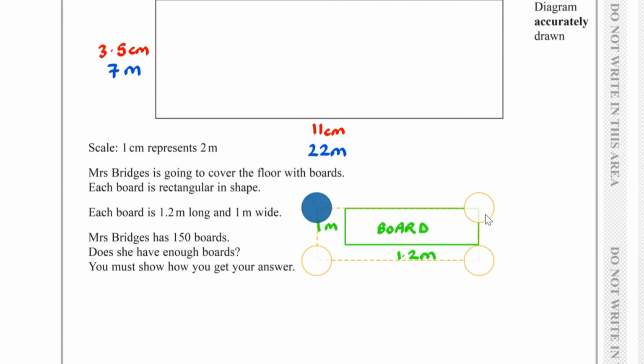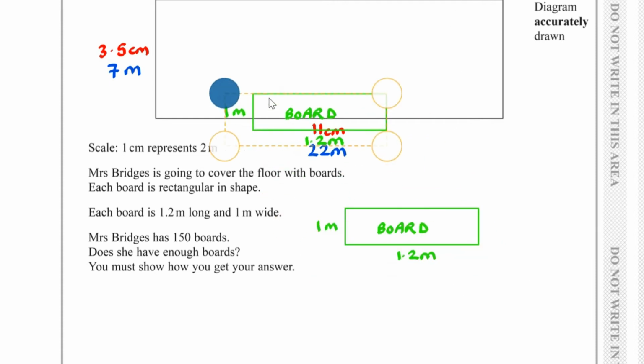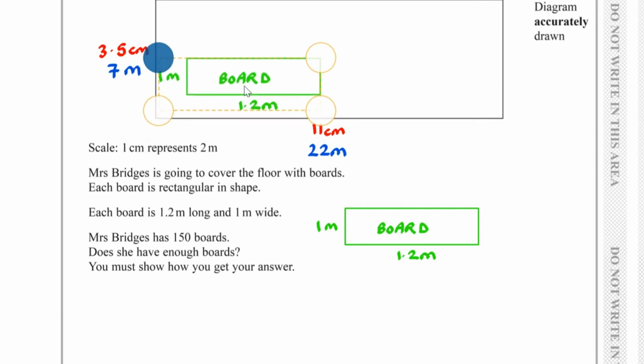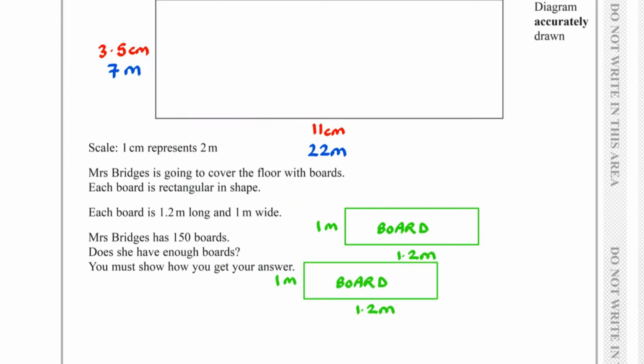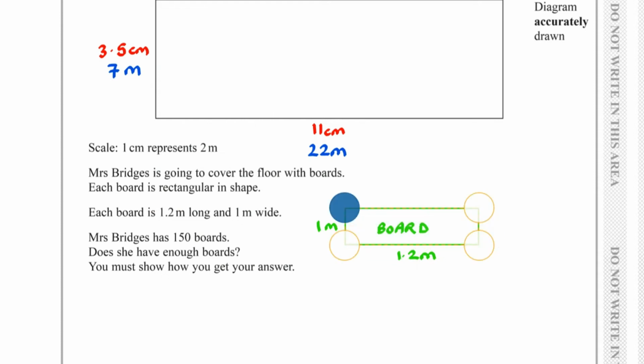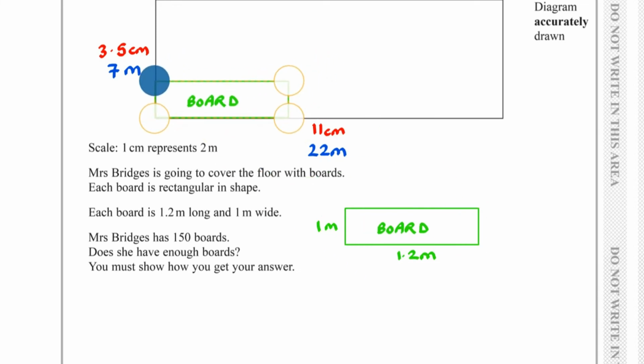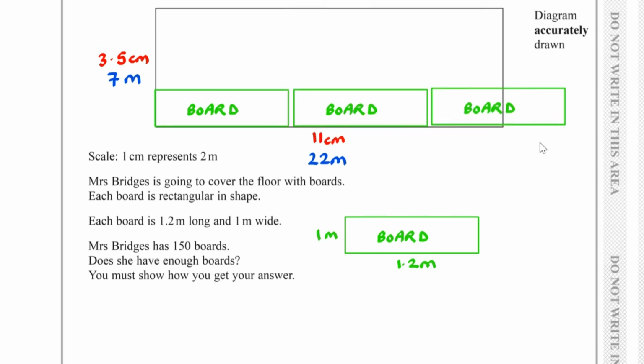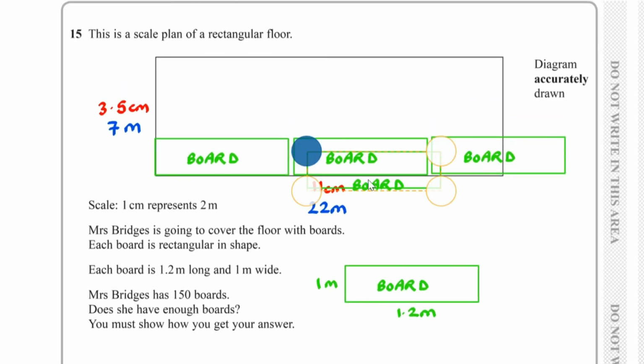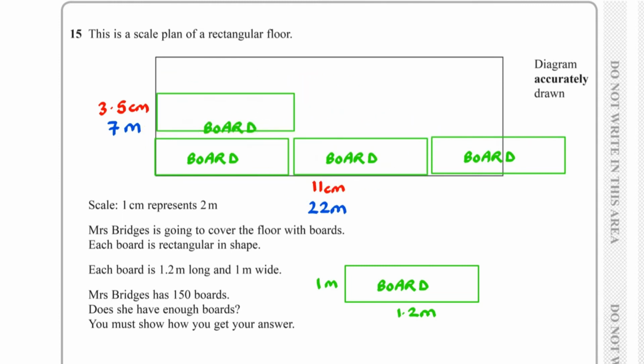And what we need to do is find out how many of the boards would fit across and how many boards would fit upwards, like so. So that's what we need to do, and then we can find out the total number of boards by multiplying how many fit lengthways and widthways.